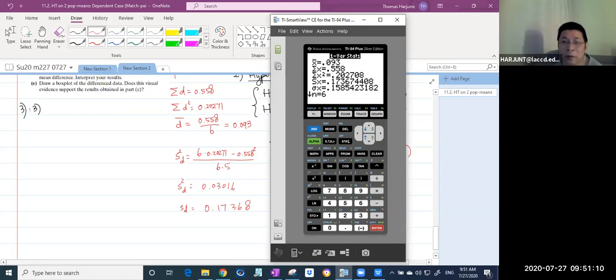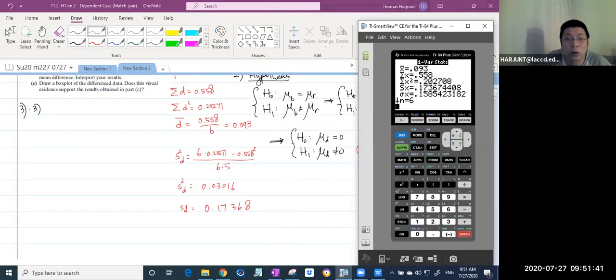I get a slight difference here, but I think it has something to do with the fact that I did rounding there. Okay, so let me use the result and put the result here.